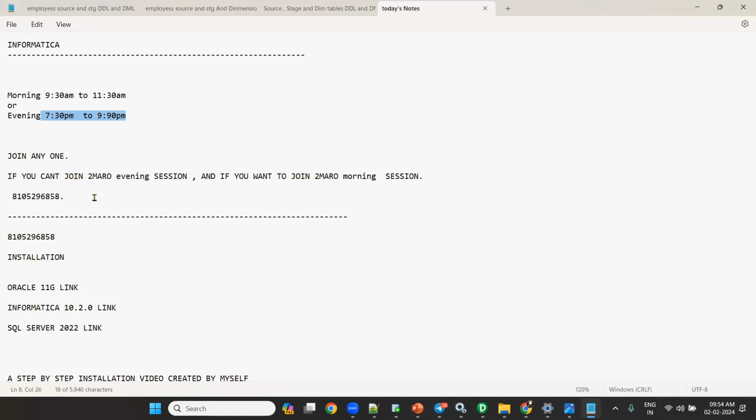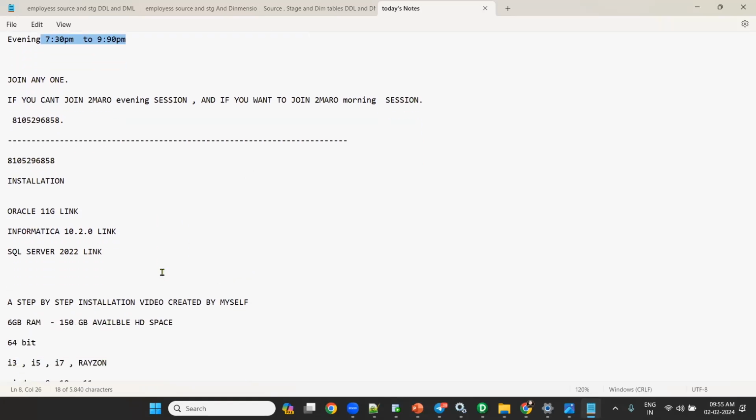Next, coming to the Informatica installation. By Monday, you can install Informatica. If you did not install today, no problem, no need to worry about it. By Monday, please try to install Oracle at least. We will send you the Oracle 11G link, SQL Developer link, and Informatica 10.2.0 link.